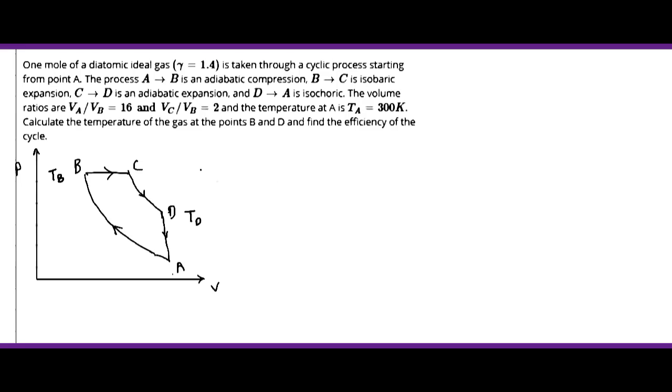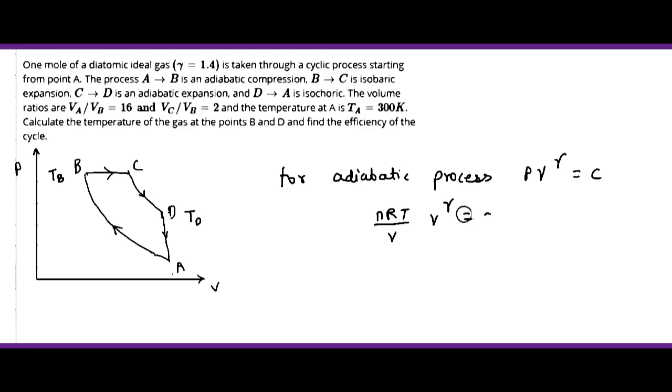All right. So since A to B is an adiabatic process, for adiabatic the process equation is PV raised to gamma equals a constant, and we can write, instead of P, nRT by V. So nRT upon V into V raised to gamma equals a constant.